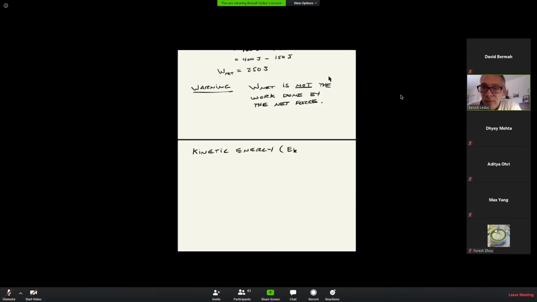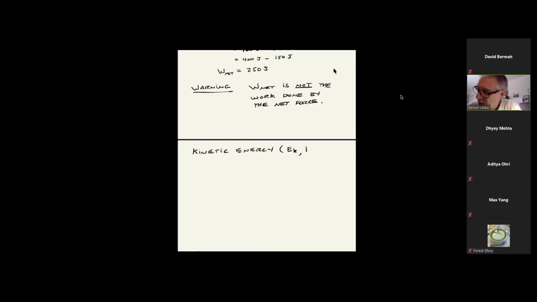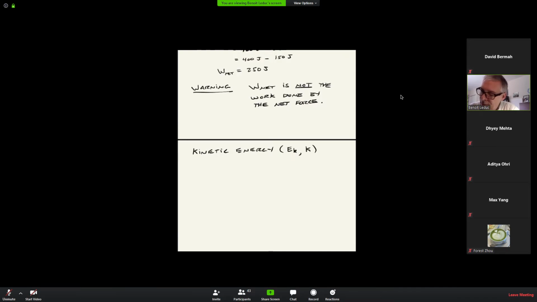I don't like to use two symbols. I prefer to use one, and it's going to be big K. The reason I like this is because sometimes I'm going to put a subscript, and I don't want another subscript in the way. This is also customary in most physics textbooks worthy of their name.